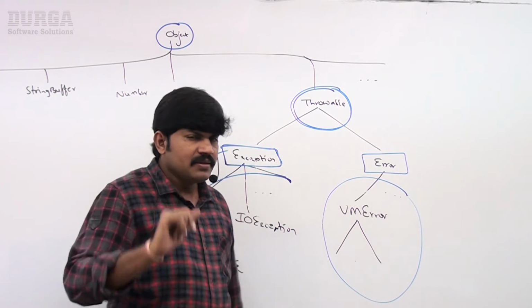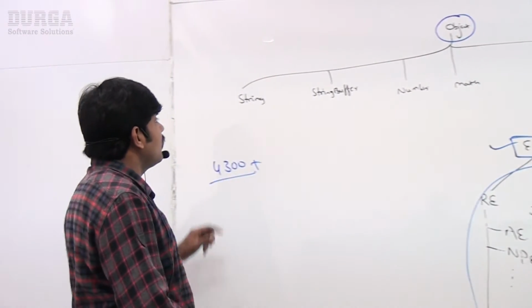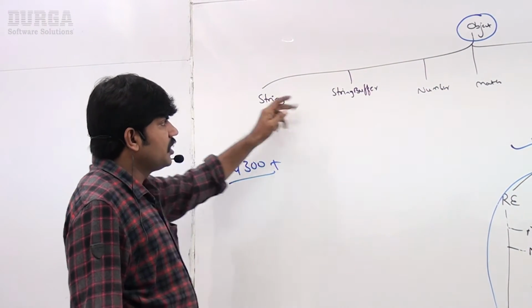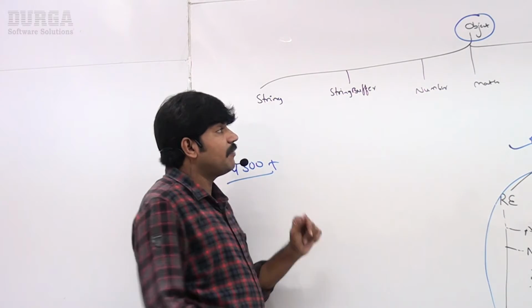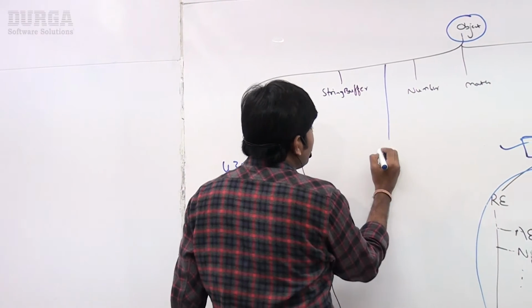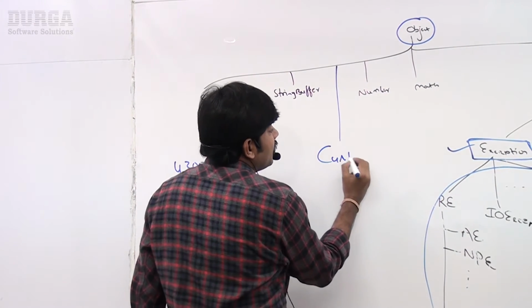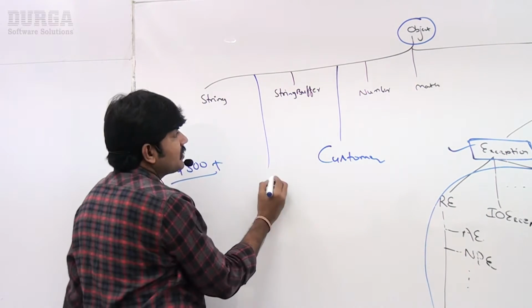Clear, right? Similarly, it may be the String class, the StringBuffer class, the Number class or the Math class, it may be a Customer class, a Student class, like this.